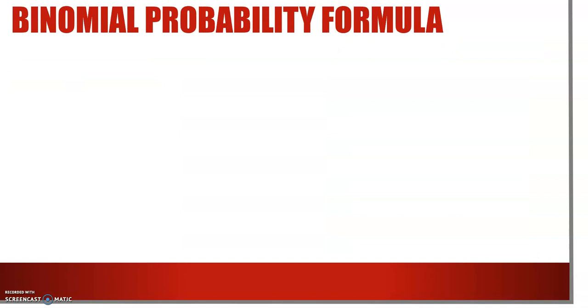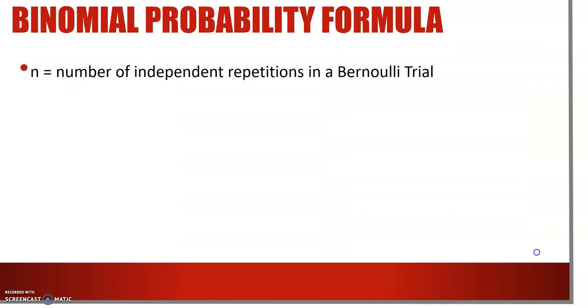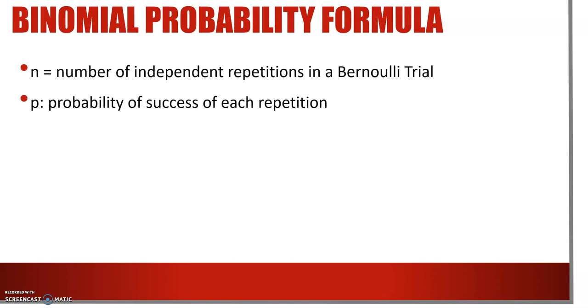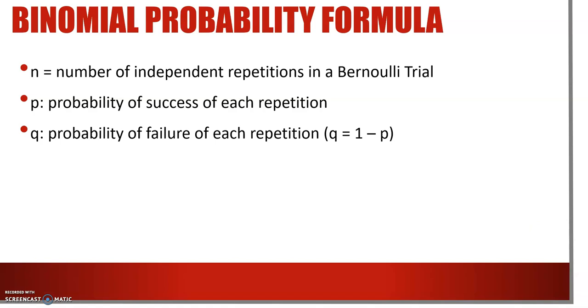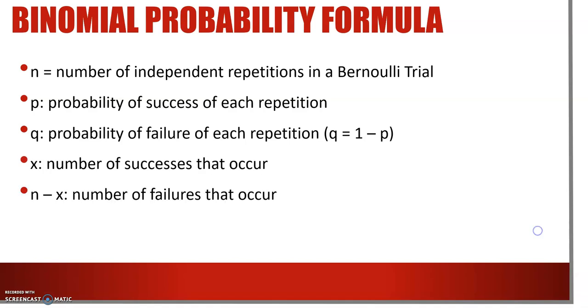The binomial probability formula. N is the number of independent repetitions in a Bernoulli trial. P is the probability of success of each repetition. Q is the probability of failure of each repetition. Remember that Q equals 1 minus P. P plus Q has to equal 1. X is the number of successes that occur.